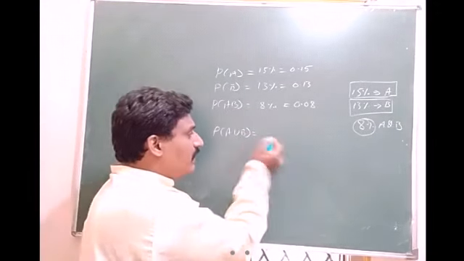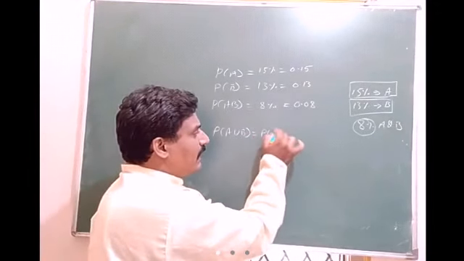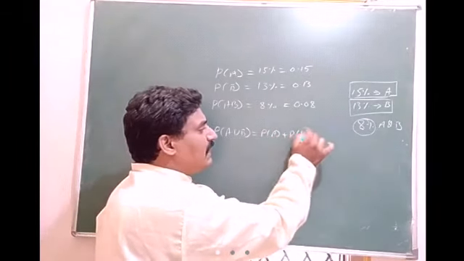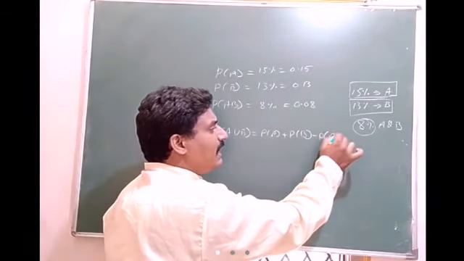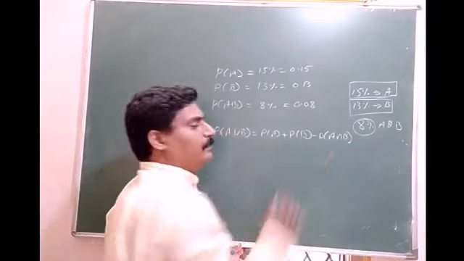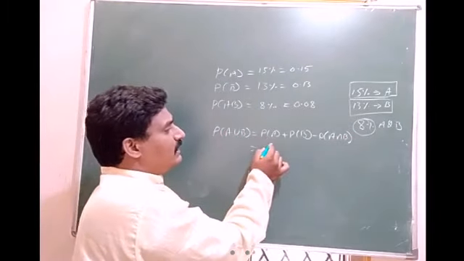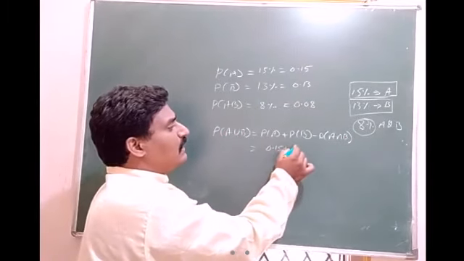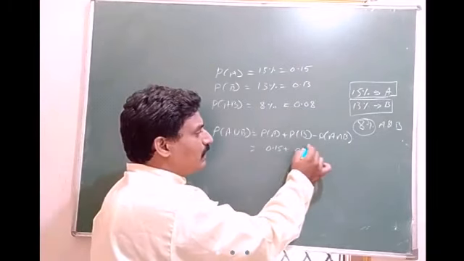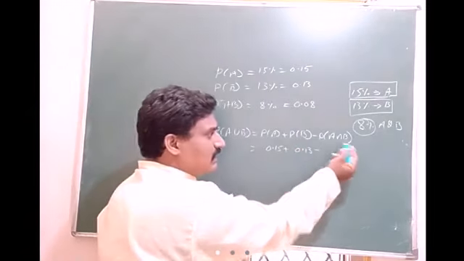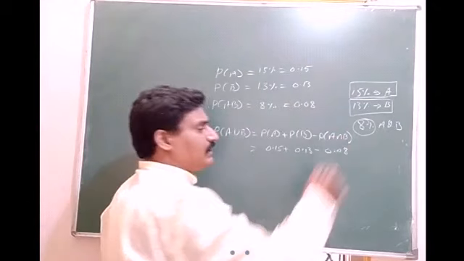So P of A union B is equal to P of A plus P of B minus P of A intersection B. So that is P of A, 0.15, plus P of B, 0.13, minus P of A intersection B, 0.08.